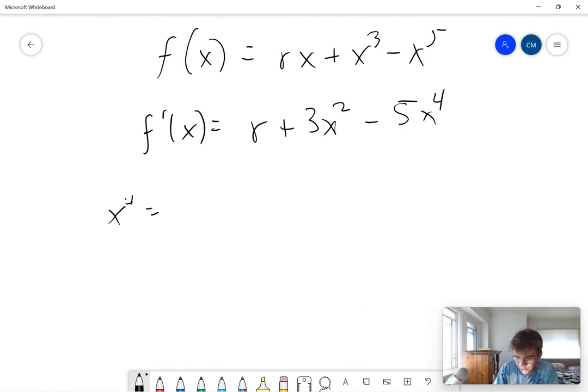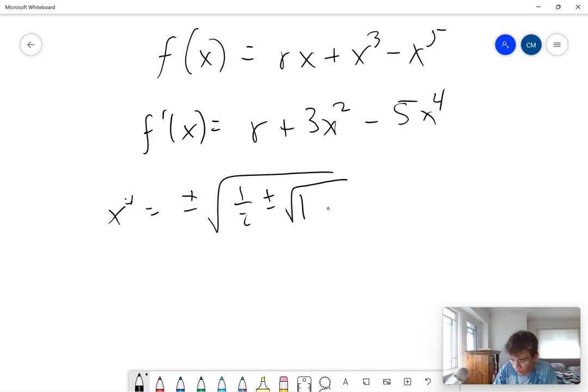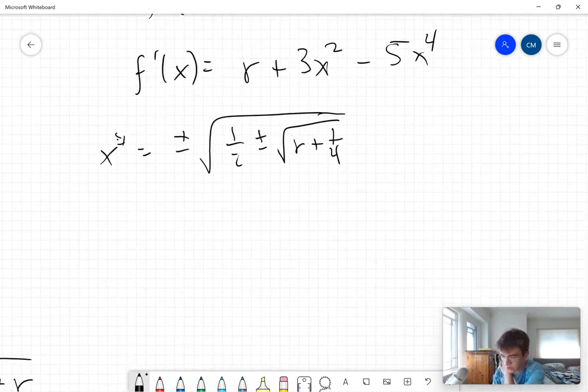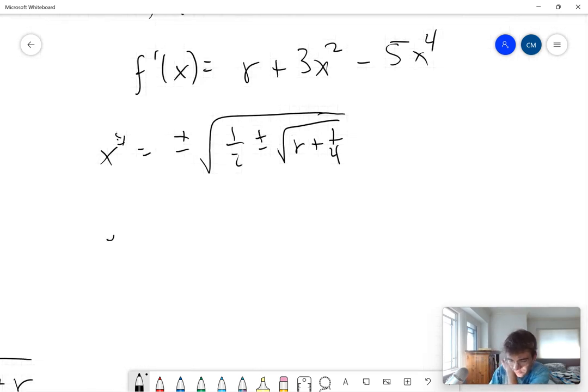And then our x star value was plus or minus the square root of 1/2 plus or minus the square root of 1/4 plus r. Okay, so I'm just going to go ahead and plug this into f prime and try to determine if f prime is positive or negative.